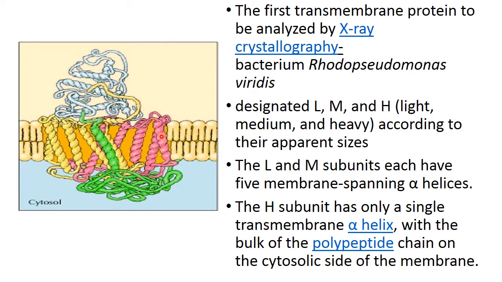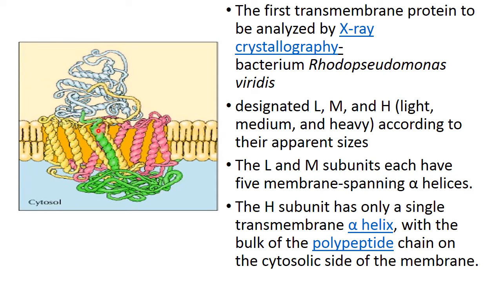The light subunits are red in color, the medium subunits are yellow, and the heavy subunits are green. The light and medium subunits each have 5 membrane-spanning alpha helixes. We can easily count them: 1, 2, 3, 4 and 5.